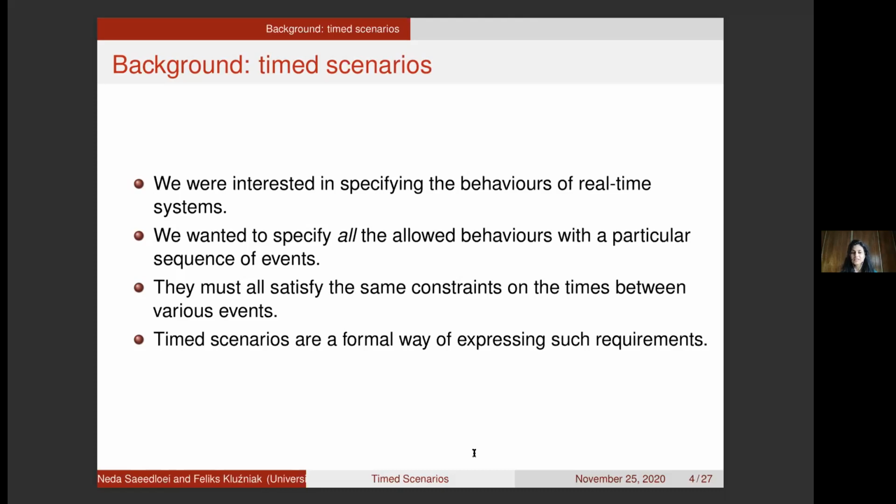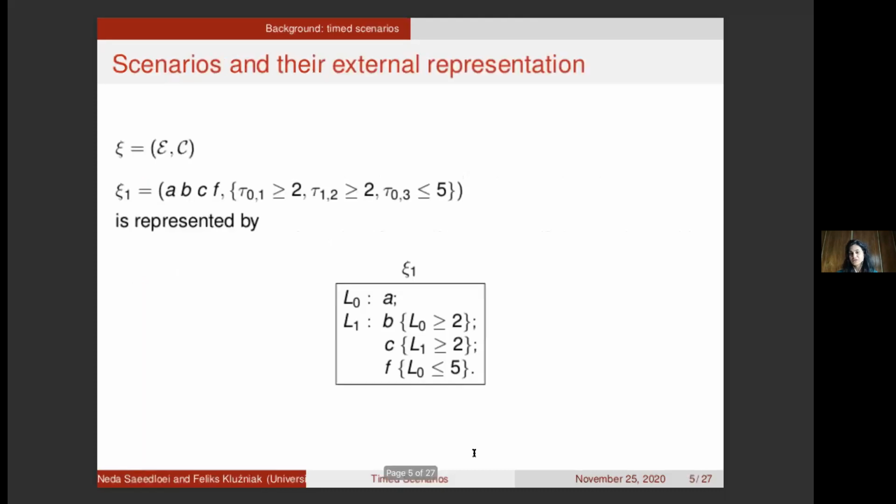In particular, we wanted to specify all the behaviors that are allowed in a system with a particular sequence of events, and such behaviors must all satisfy the same constraints on the times between these events. For this, we came up with the notion of timed scenarios, which is a formal way of expressing all behaviors that are composed of the same sequence of events, all of which satisfy the same constraints. In general, a timed scenario is a pair of two components: E is a sequence of events, and C is a set of constraints.